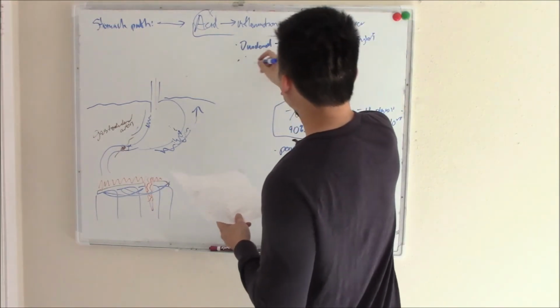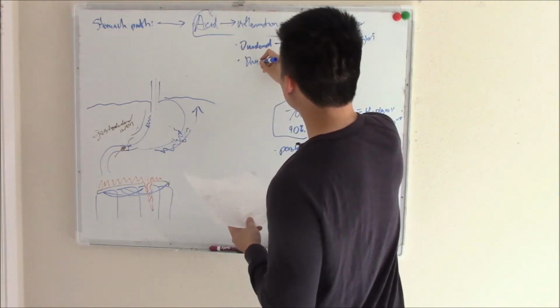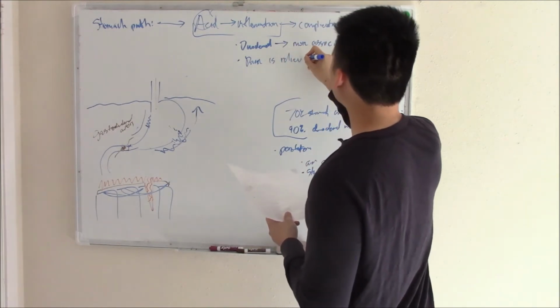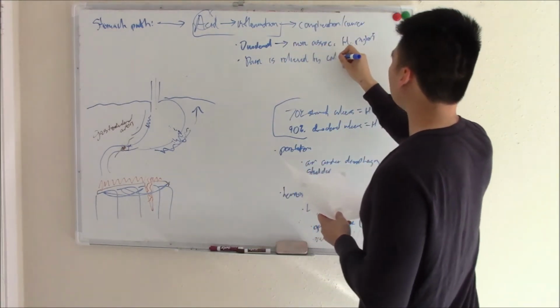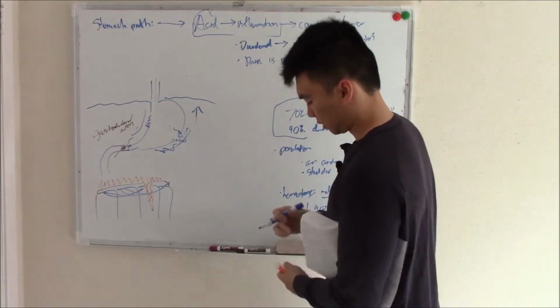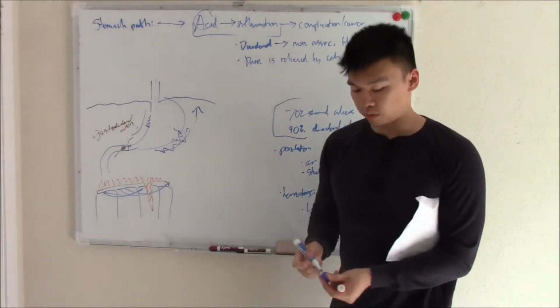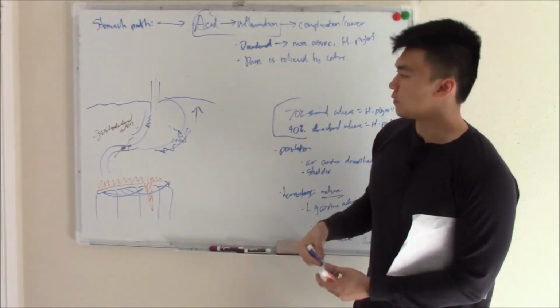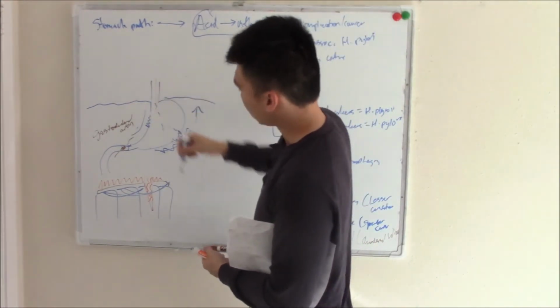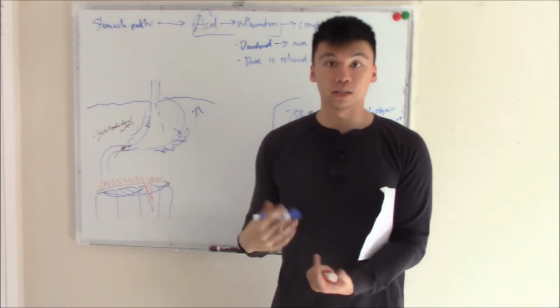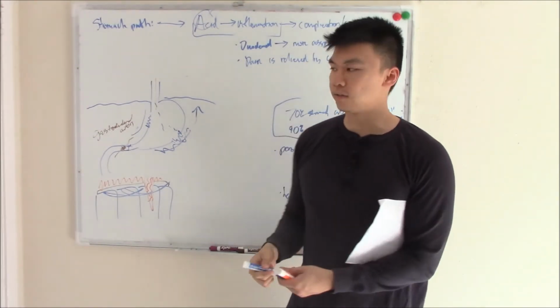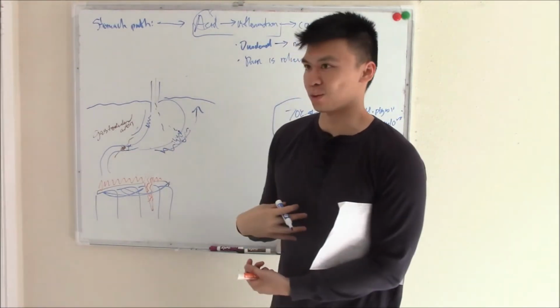Duodenal ulcers, also the pain is relieved by eating. Why is the pain relieved by eating? As opposed to stomach ulcers where the pain gets worse with eating. Why is that? Well, when food hits your stomach, your stomach's natural reaction is to produce acid to digest that food, and all that acid is going to basically make your ulcers hurt more.